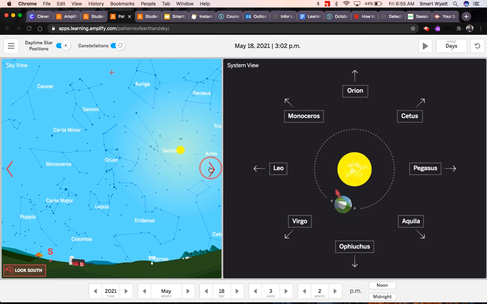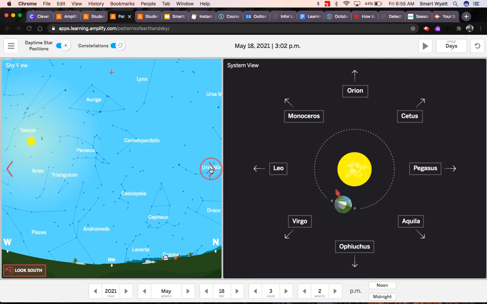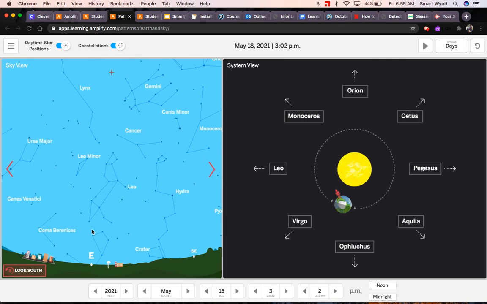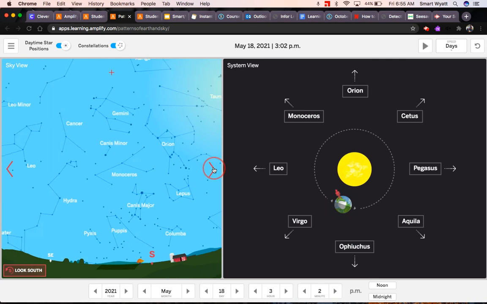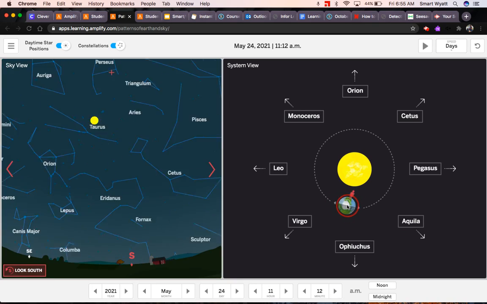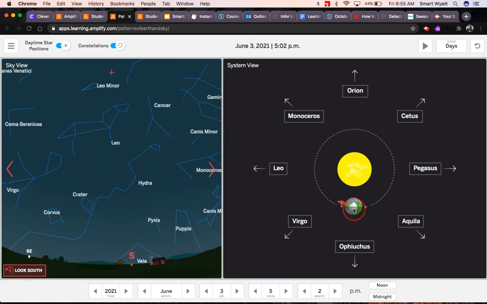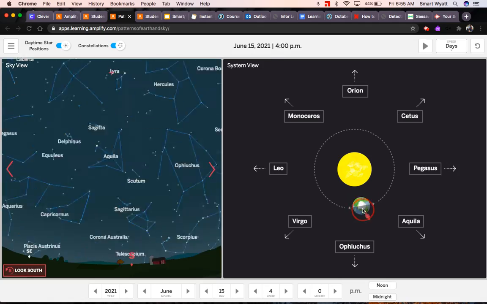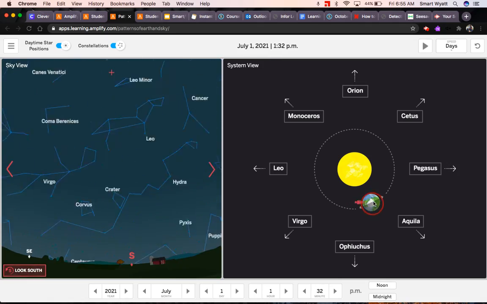We can see a lot of constellations by just looking around. This isn't moving time, this is moving our perspective. But when we play with this and move our Earth around the sun, that is moving time. That's making us go through the months.